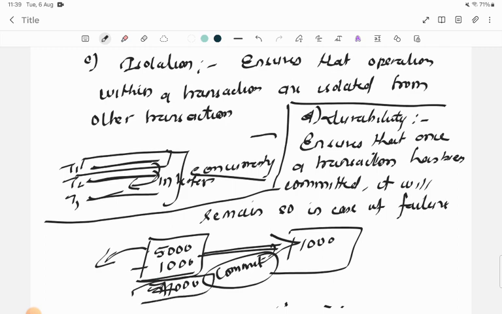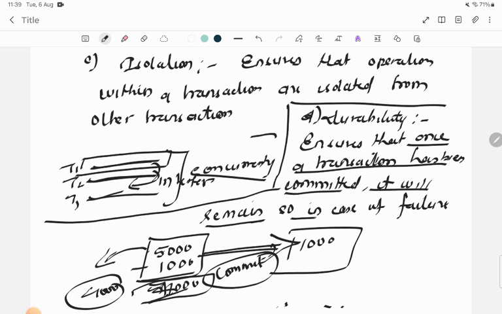It means that after you reopen your app again, the amount will be 4,000 only. It is not going to change. It means that once the transaction has been committed, it will remain so in case of failure. In case of any kind of failure, the transaction amount is not going to be changed. So this is known as the durability property.